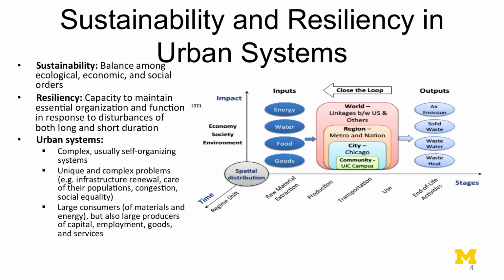And we are looking at this at different levels, starting with the UIC campus, then actually first looking at the city, then the region, then through our international collaborators looking at other cities as well.